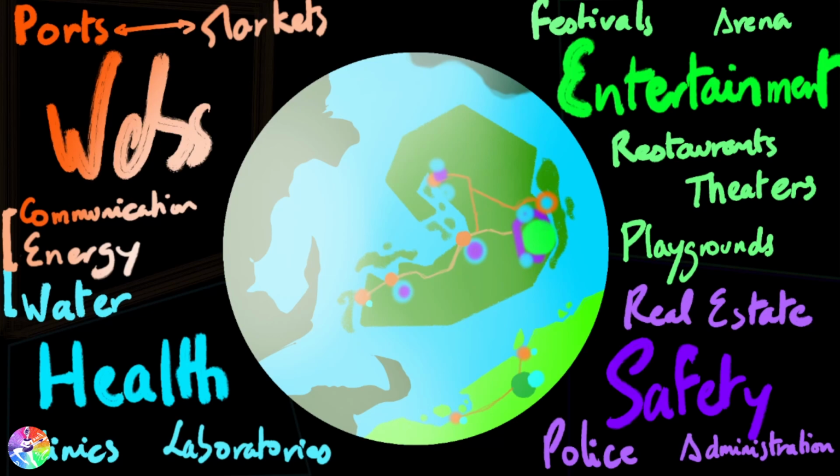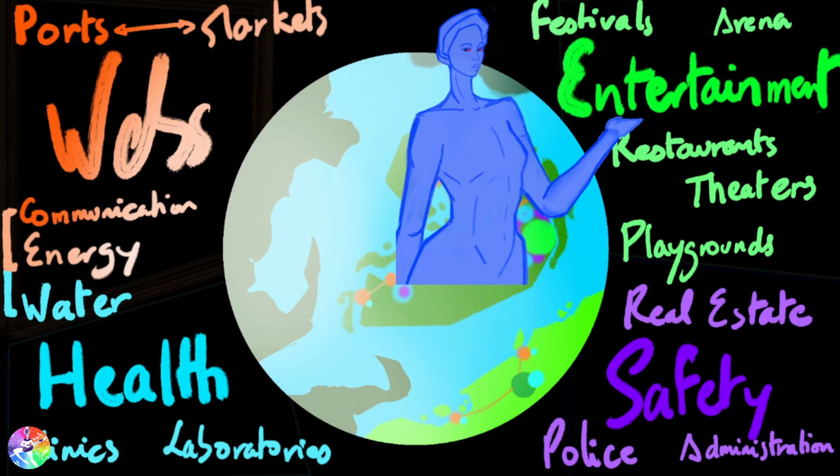The three other kinds of location will be generated simultaneously. The locations in the entertainment category, which will group festivals, places, main squares, arenas, coliseums, restaurants, theaters, playgrounds.